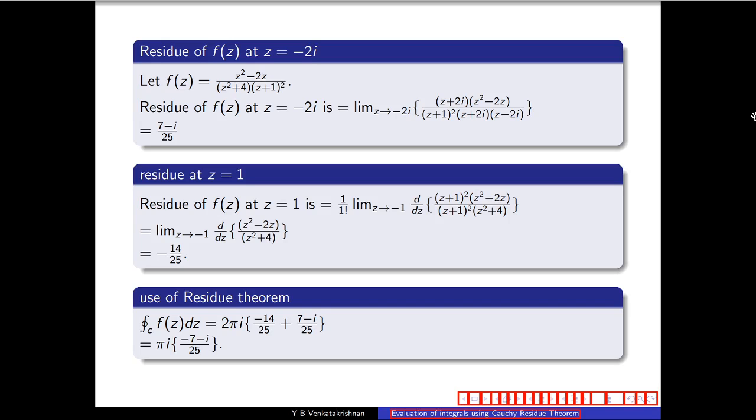We have to evaluate the value of the integral using the residue theorem, and for that you have to first identify the singularities which lie inside C. Once you identify the singularities which lie inside C, for those singularities you calculate the residues, find the sum of the residues, and multiply it with 2 pi i, which will give you the value of the integral.